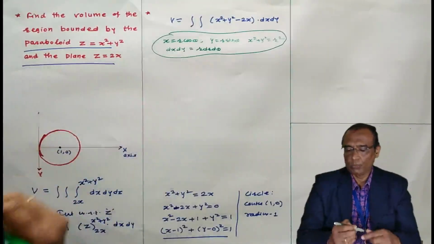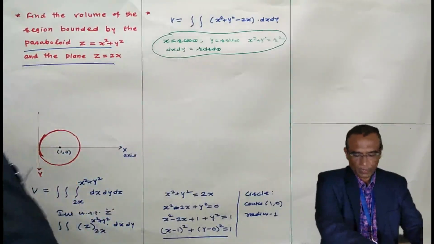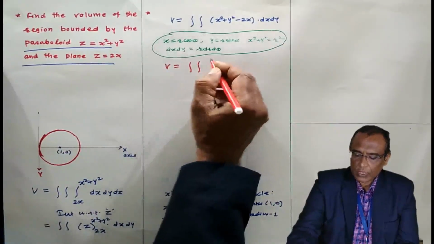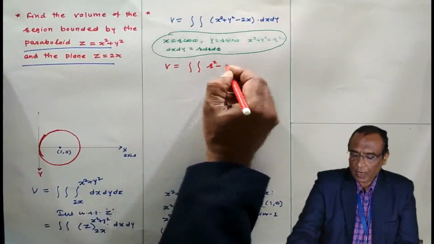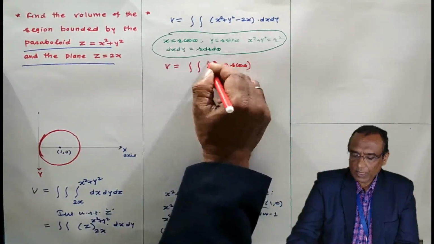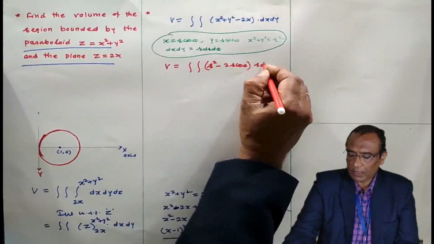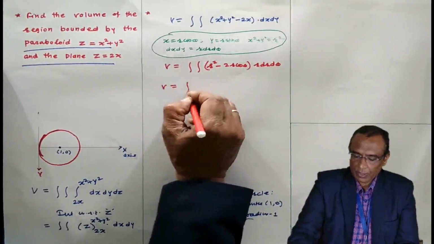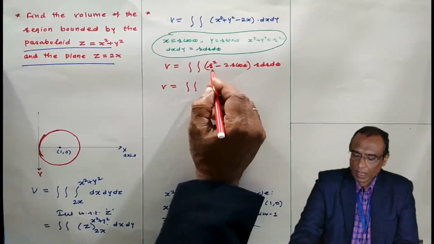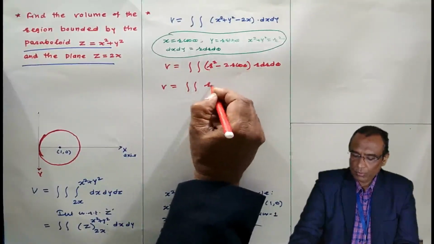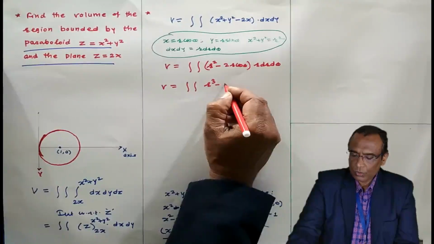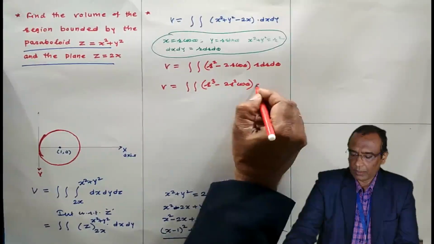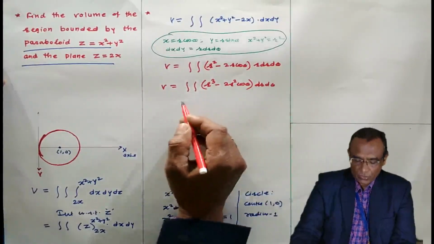Now volume is equal to the double integral, with x square plus y square as r square and x as r cos theta, and dx dy as r dr d theta. Then V equals the double integral of r cube minus 2r square cos theta, dr d theta. Now we want the limits.